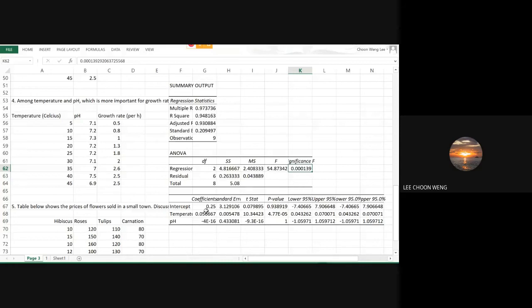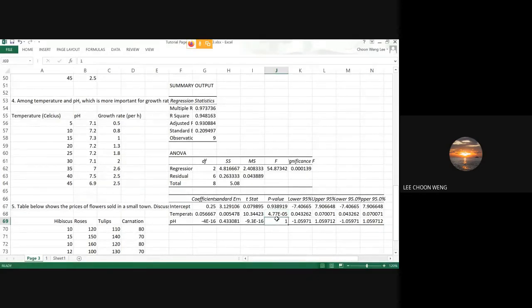But between temperature and pH, you can see from the p-value here that only temperature is important. It's highly significant, whereas pH is not significant. So between temperature and pH, temperature is more important for growth rate.